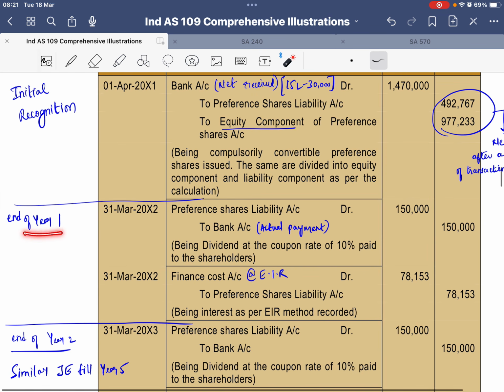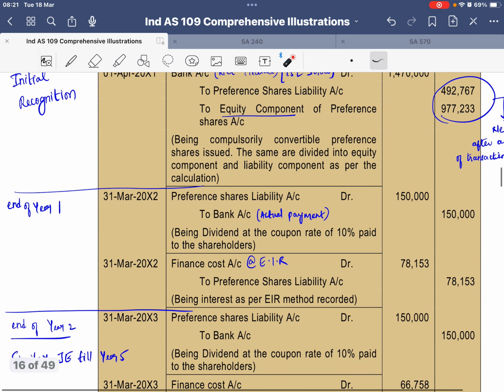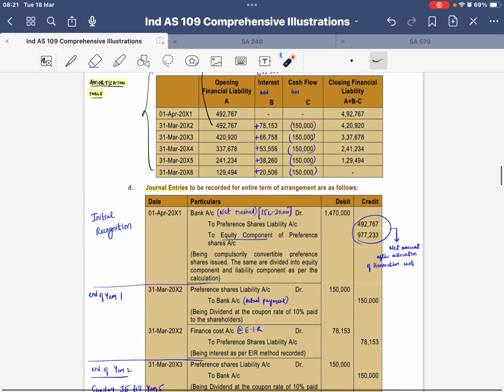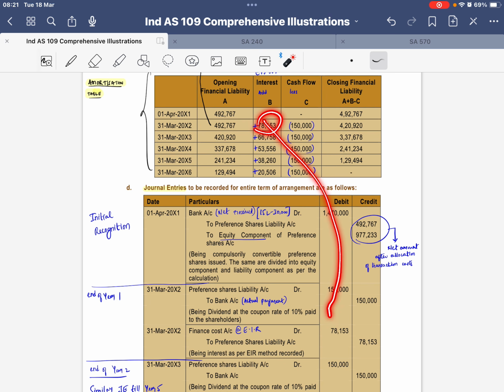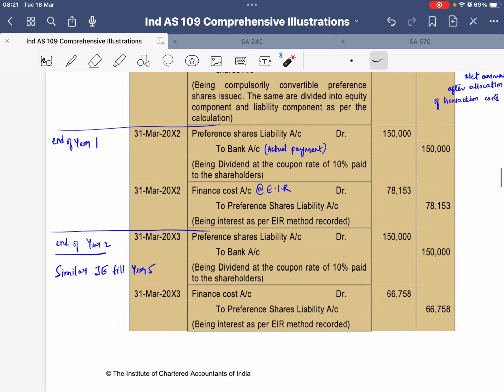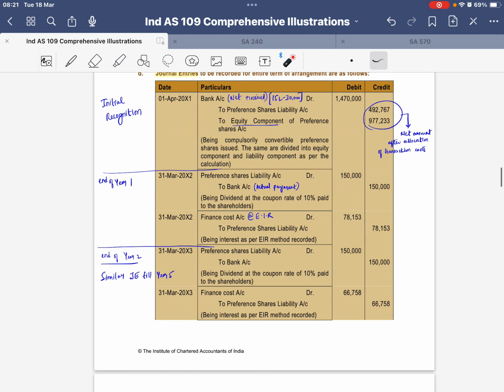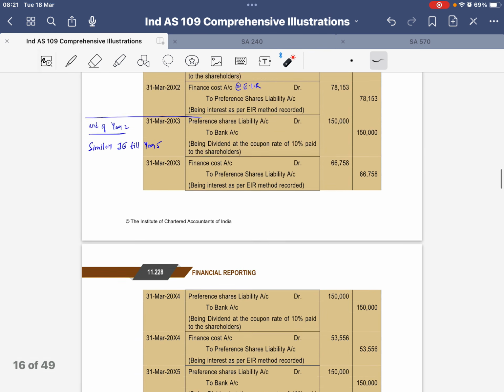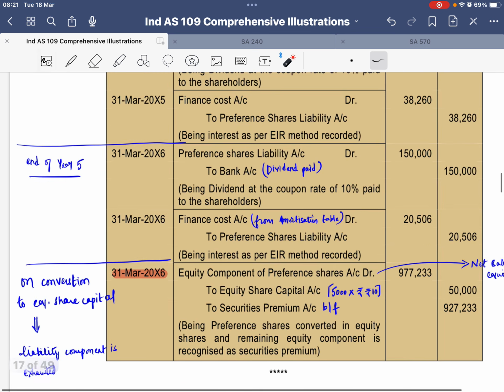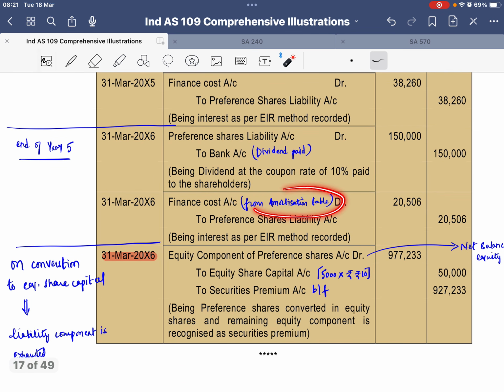Preference shares liability account debit to bank account, actual amount that was paid. On the same date, finance cost account debit at EIR to preference shares liability, EIR taken from amortization table. End of year 2, similar journal entry till end of year 5. This is taken from amortization table, the interest finance cost.